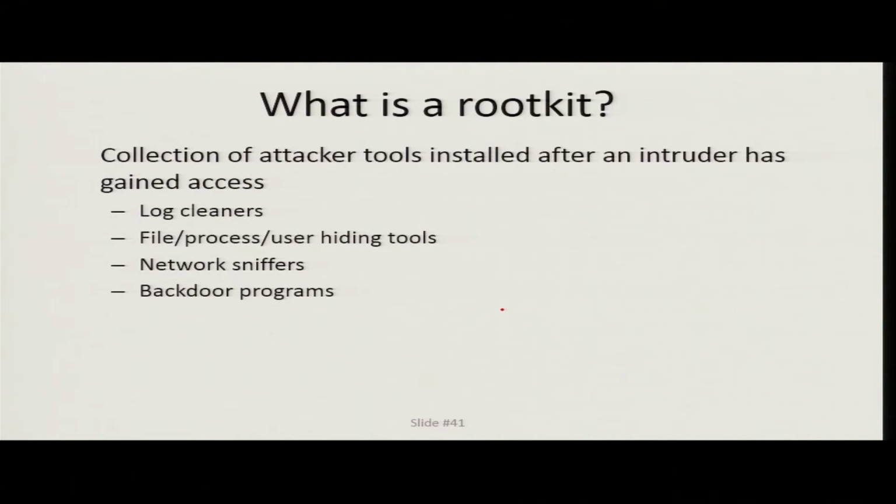It's a collection of tools that are installed, and how it is installed depends on what kind of exploits are used. For example, it could be through a buffer overflow, by compromising the password, or through some other privilege escalation attack.